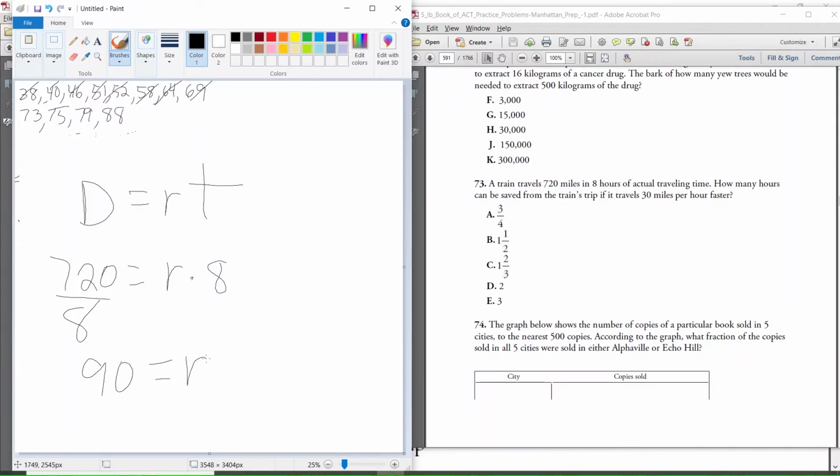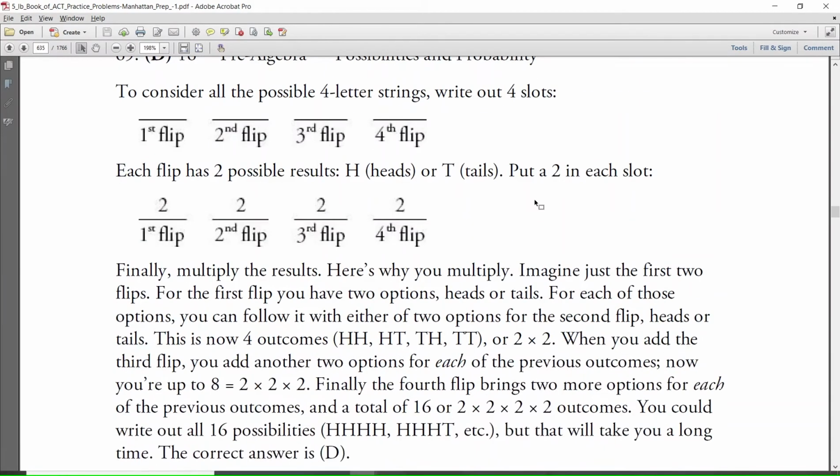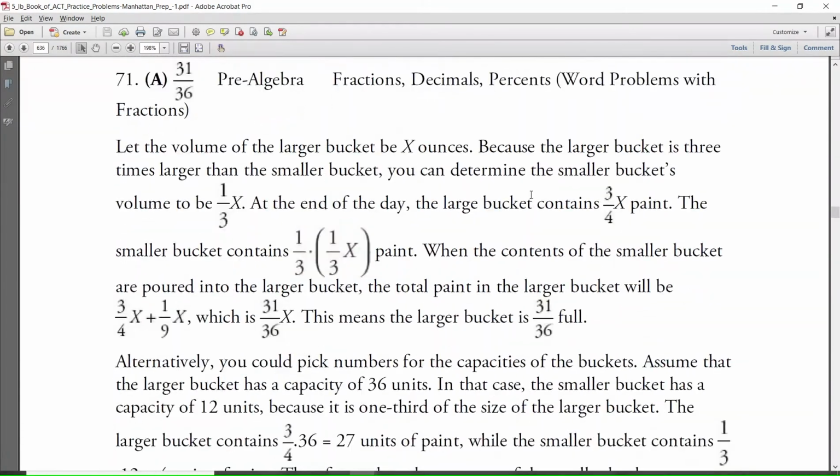Then for the new situation, 720 equals our new rate, 90 plus 30, which is 120, times t. Distance equals rate times time. And so t equals 720 divided by 120, and that equals 6 hours. Again, the question was how much time would be saved? 2 hours would be saved. So that's answer letter D. So distance equals rate times time you can always use whenever you're doing things that involve speeds and distances. And let's just double check to make sure that that is correct.